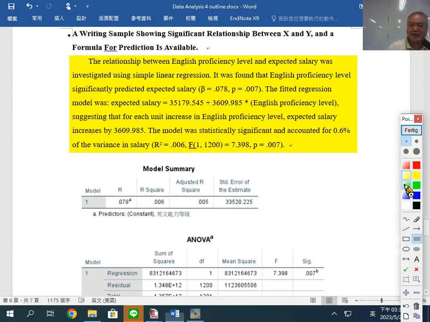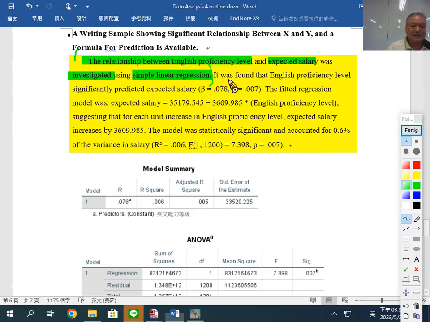First of all, you have to illustrate the purpose of the test. So: the relationship between English proficiency level and the expected salary was investigated using simple linear regression. See? The purpose, the method. This is very standardized.